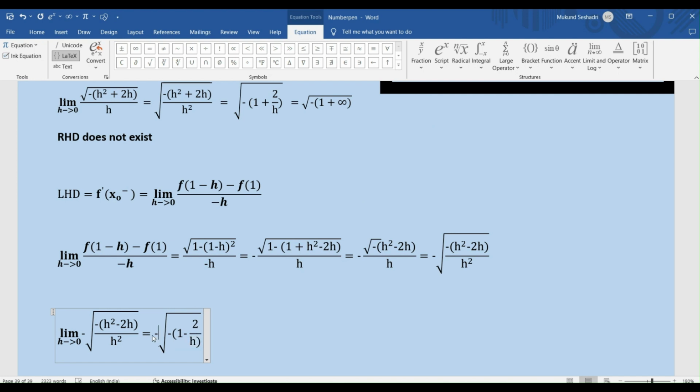I have my minus here, and so I have the square root of minus of 1 plus 2 by h, right?